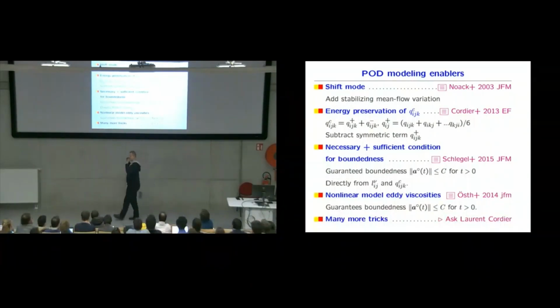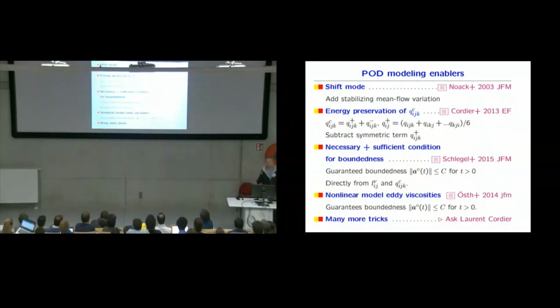A sufficient condition is the following. If you find one point in the state space where the linearized Navier-Stokes equation, the linearized Galerkin system, is stable, then it guarantees boundedness. So there's a very easy way to test the sufficient part, and the necessary part is difficult to prove, so I could not have done it.